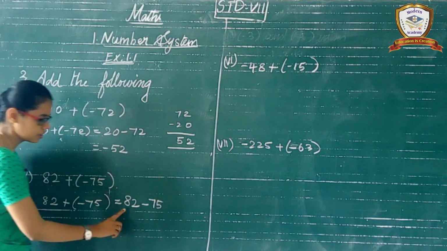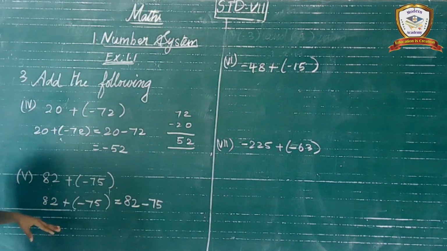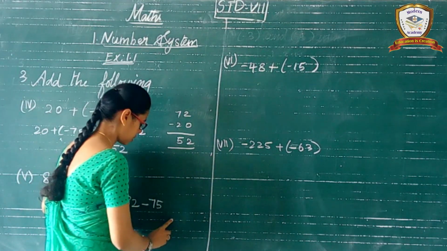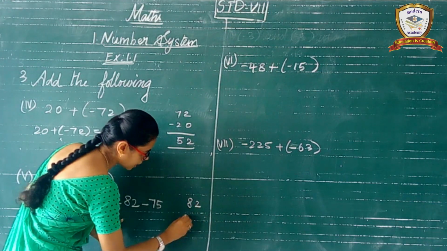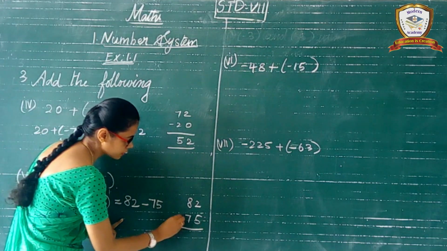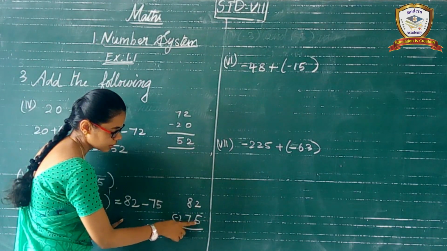Okay? And then see, both are different signs. So different sign means we need to subtract the number. So 82 minus 75. We need to subtract. See here, here 2, here 5.